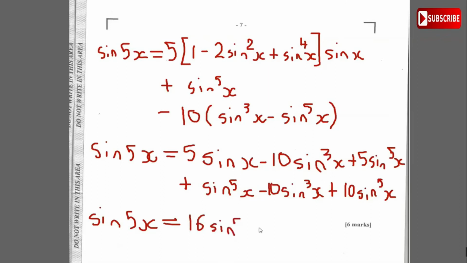And then you have minus 10 sine cube and minus 10 sine cube is minus 20 sine cube x. Then what's left? Just the 5 sine x. So see, there we prove this question. Nice and easy. There was nothing really to it at all. That completes this question.